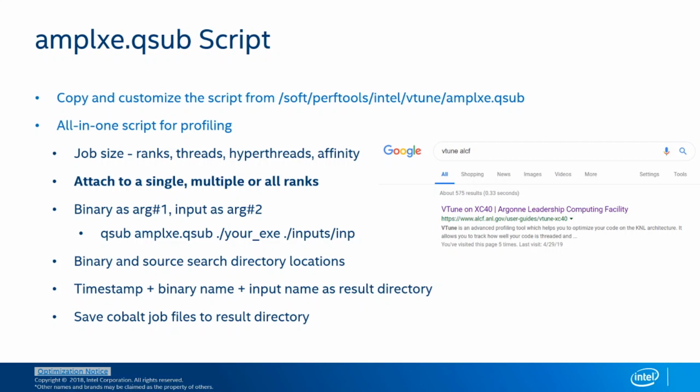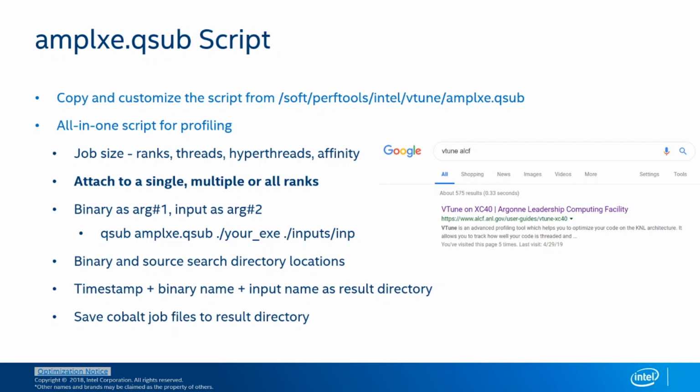The script itself takes the binary as the first argument, and any of the subsequent arguments are going to be treated as arguments into your application itself. It sets up binary and source search directories, and I'll explain that in a second. It also saves all the results in a consistent manner, so it will be the timestamp with the binary name and the inputs as a result directory.